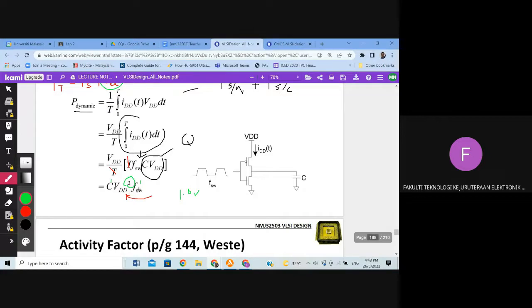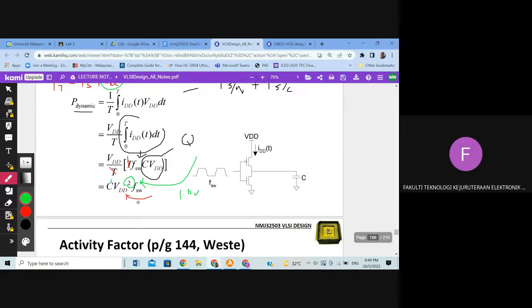Normally what people do is increase the switching frequency, because you want the system to switch as fast as possible, for faster computational speed. When we want it to be faster, the F switching will be bigger.